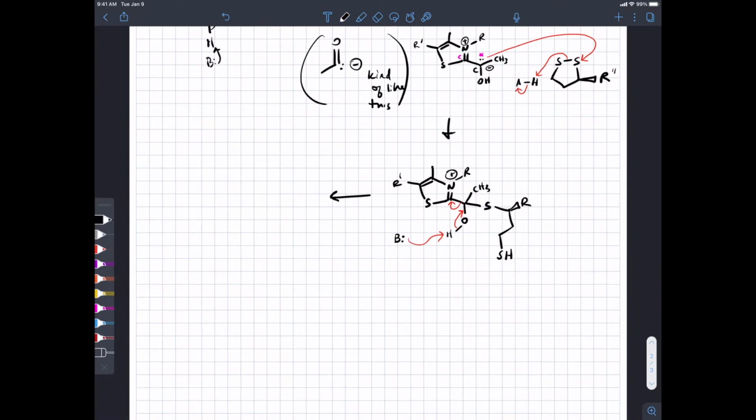It attacked as a nucleophile. At the end, it's a cofactor, so it's going to be regenerated. The pKa of its conjugate acid is such that it's an OK leaving group.